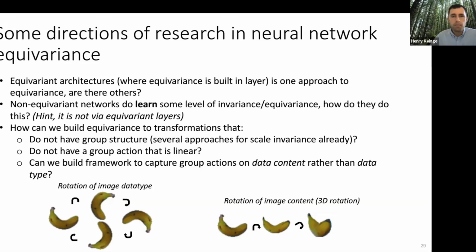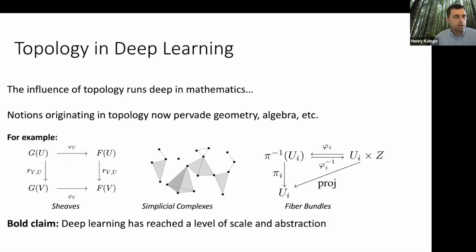Okay. All right. So in the next section, I'll talk a little bit about the influence of topology in deep learning. What I'll do is take three structures that, to folks that work in these fields, are very elementary, basic things.